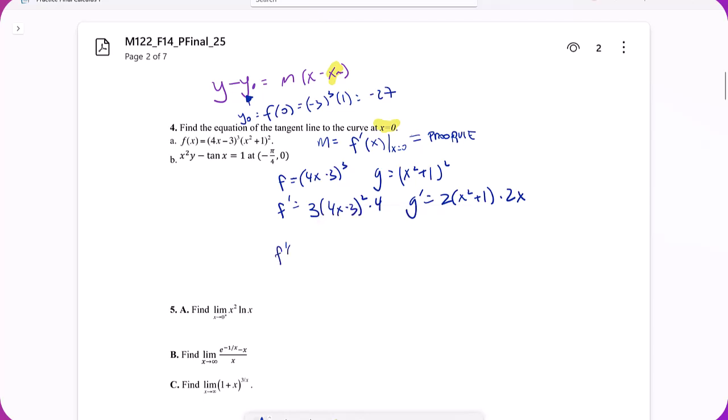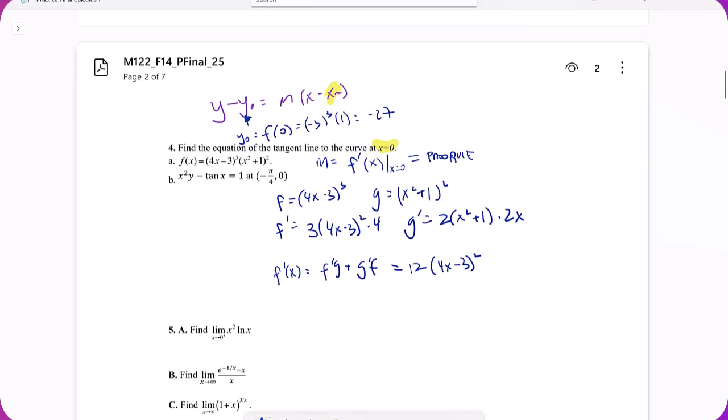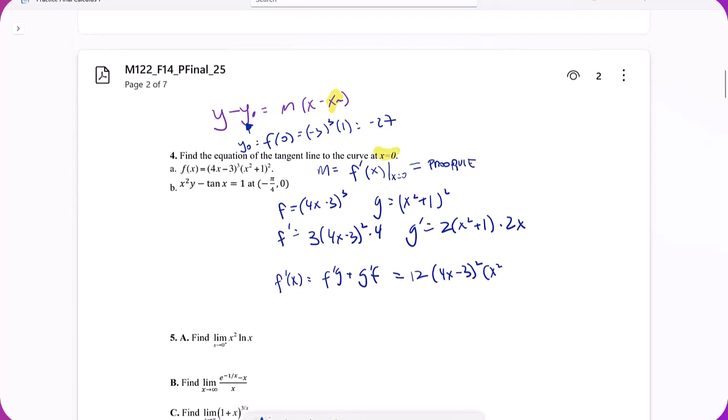Now that means our derivative is f prime g plus g prime f. So that's going to be 12 times 4x minus 3 quantity squared times x squared plus 1 squared, plus 4x times x squared plus 1 times 4x minus 3 cubed.